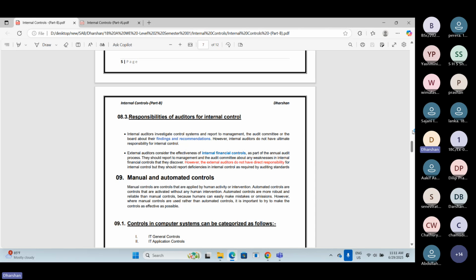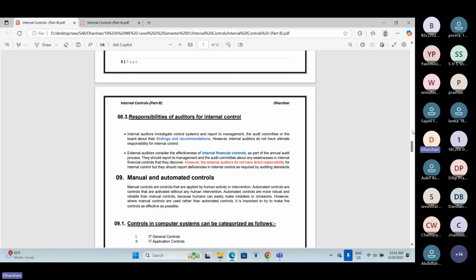So here, the most important thing: external auditor does not have direct responsibility in relation to internal control. So first, you should write under external auditor: external auditor does not have direct responsibility in relation to internal control.